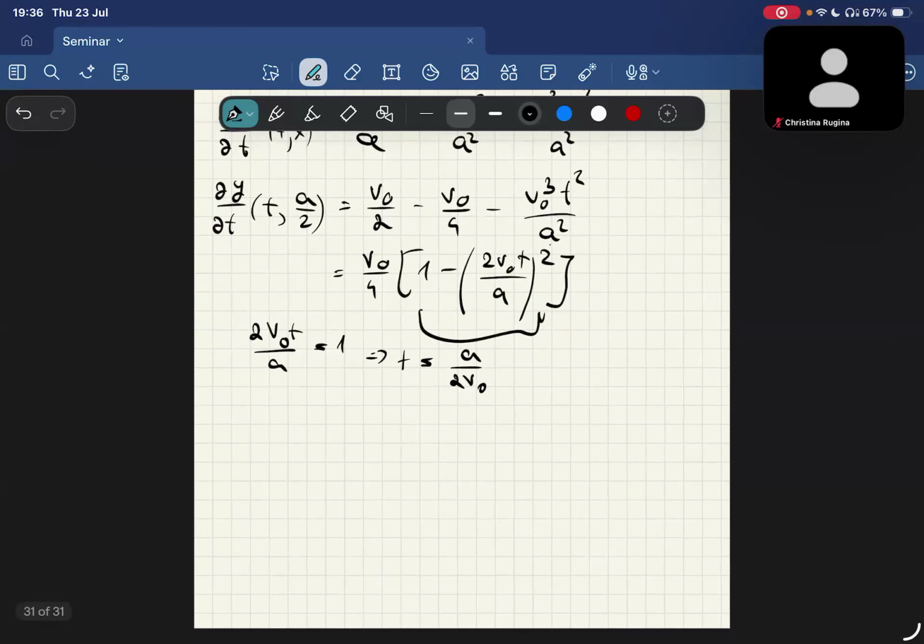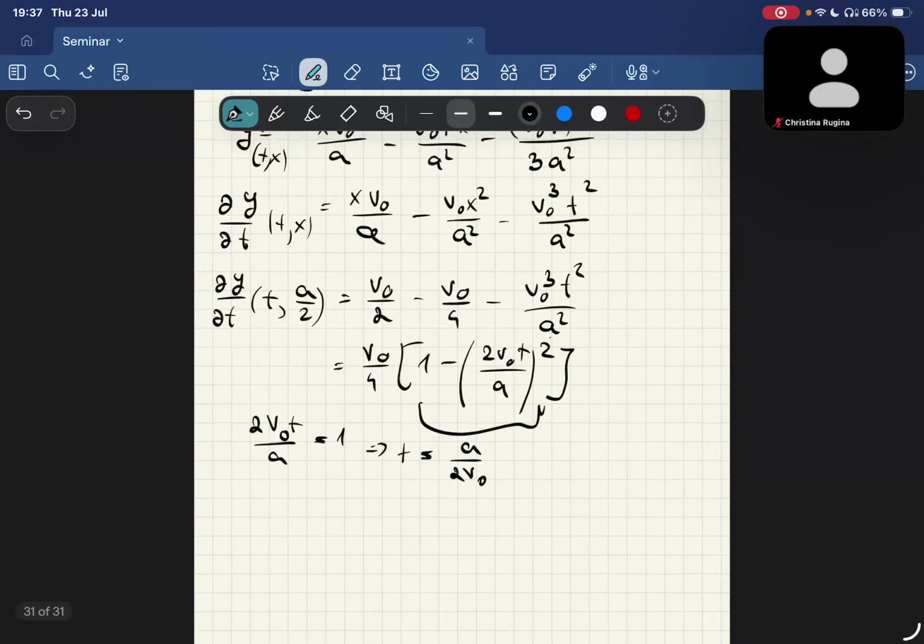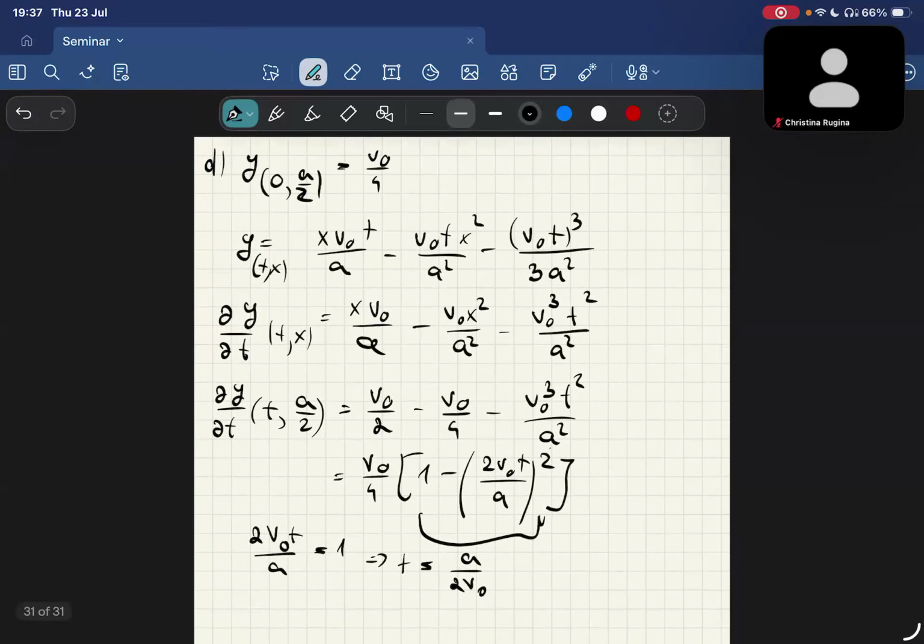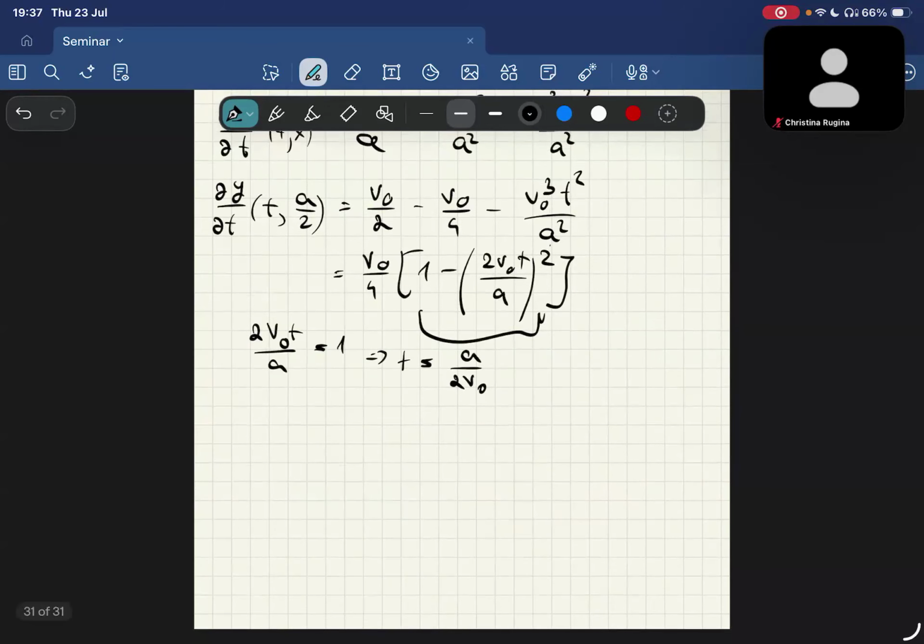Okay, so after finding the time where the maximal displacement occurs, we just replace it in the initial function with the value of x where the maximum takes place, and we get the value of the maximum amplitude of the wave.